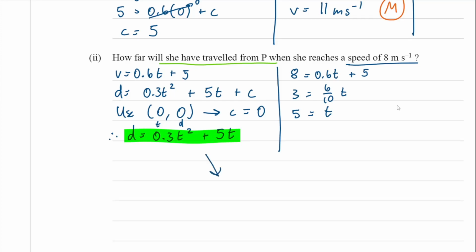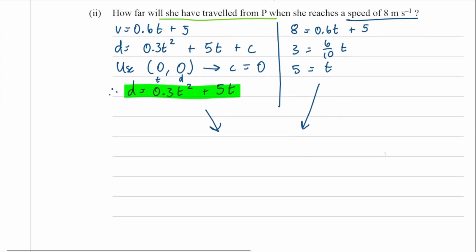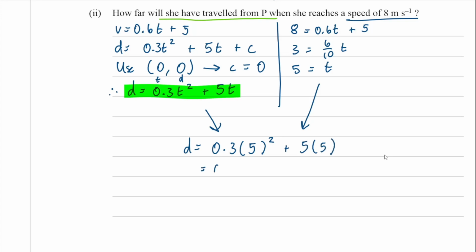Now, combining these two facts, right, our distance equation in terms of time and the time we're interested in, we can solve for distance. So 0.3 times 5 squared plus 5 times 5. 0.3 times 25 plus 25.